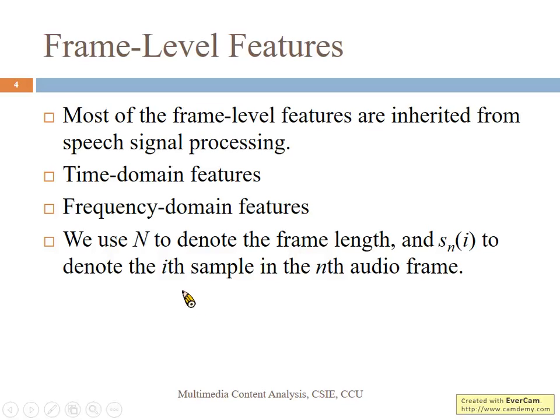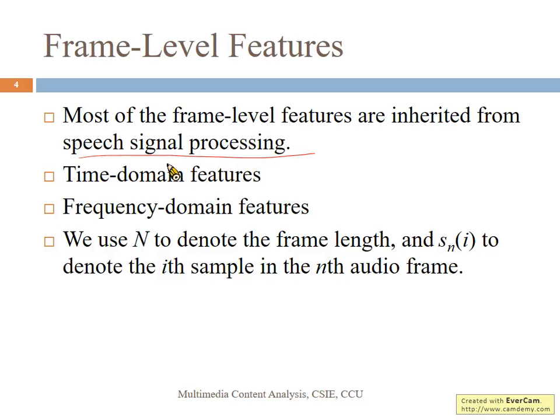Now we start from frame level features. Most of the frame level features are inherited from speech signal processing. As we know, the history of audio processing is longer than that of visual processing. Starting from the period of World War II, there have been many studies on audio signal processing because of the requirement of transmitting sound, or transmitting signals. So audio and speech signal processing have a longer history than visual processing.